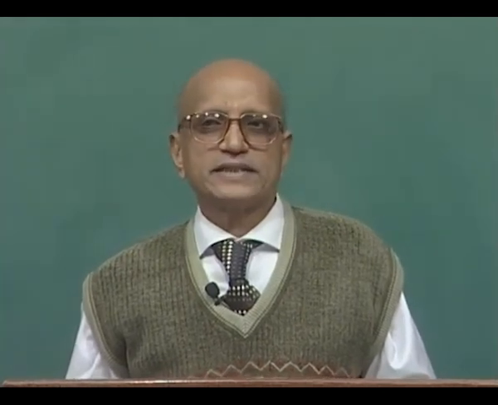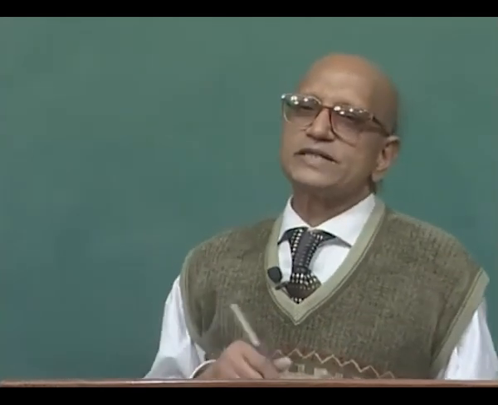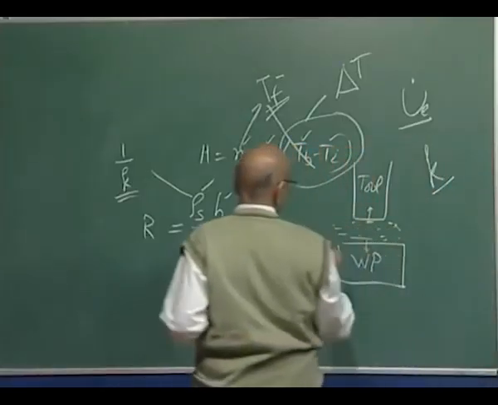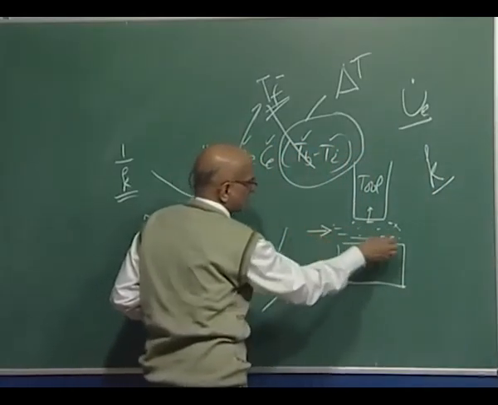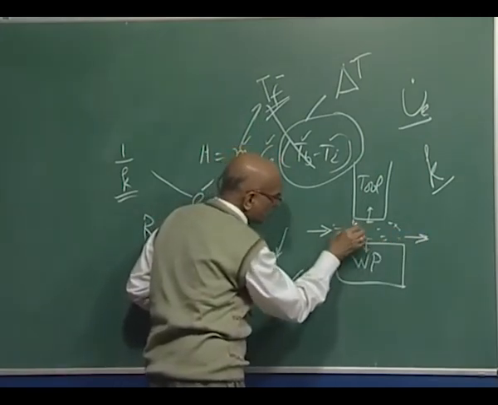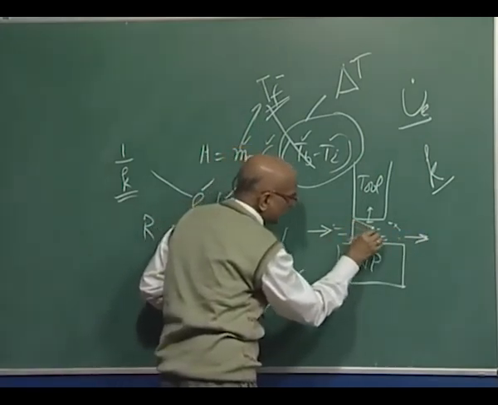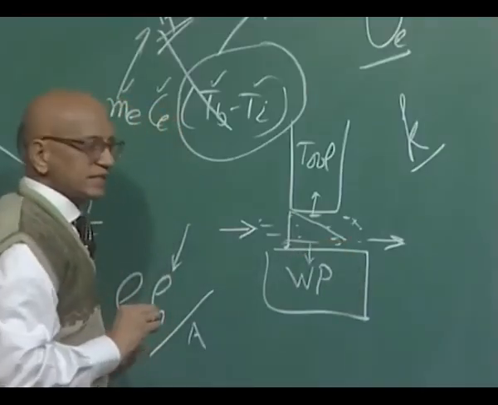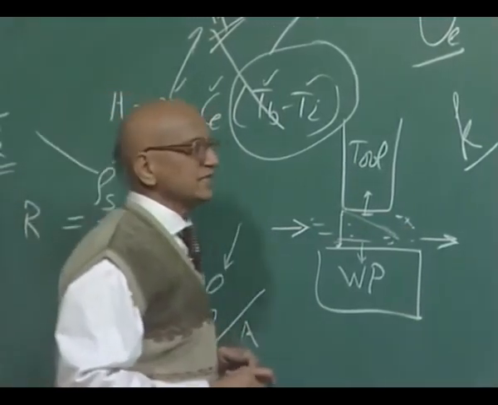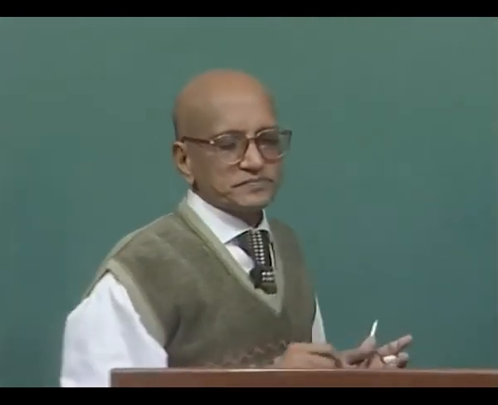Another point is the temperature gradient: how the temperature is varying along the electrolyte flow direction. Suppose electrolyte is flowing from here towards this direction. What is the temperature over here and how is this temperature varying in this direction? Is it increasing, decreasing or remaining constant? That also we should know.